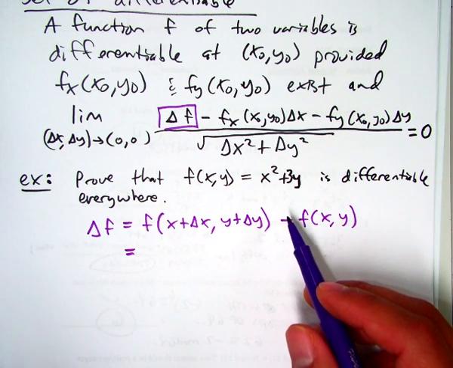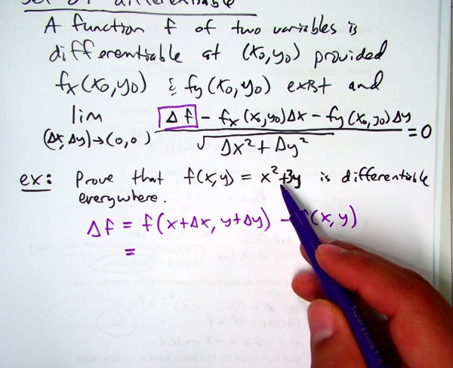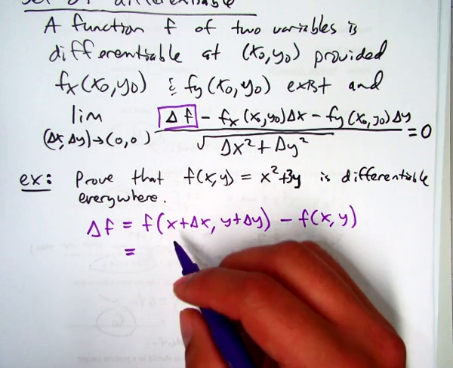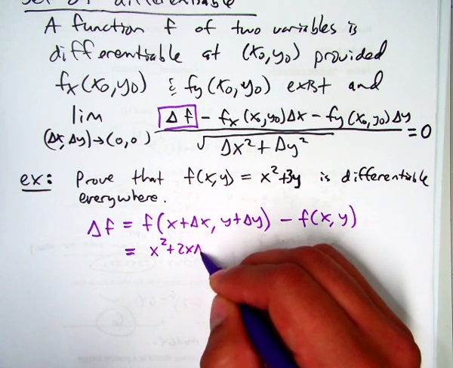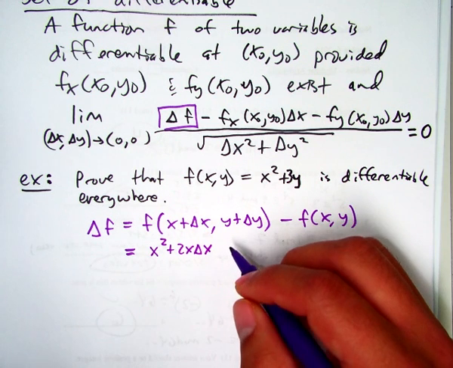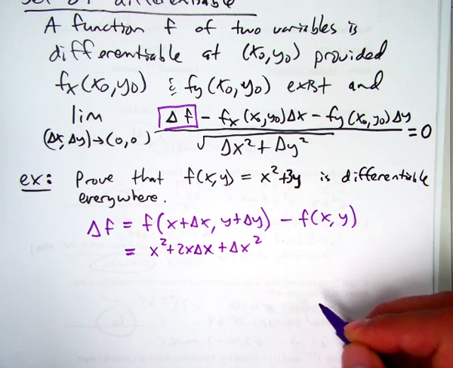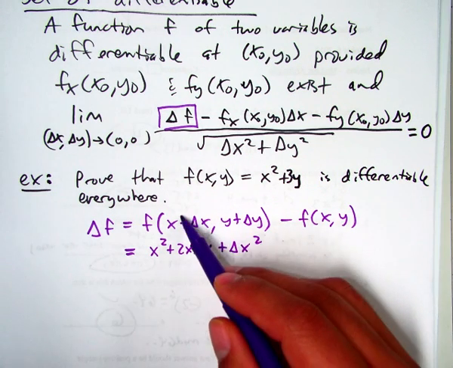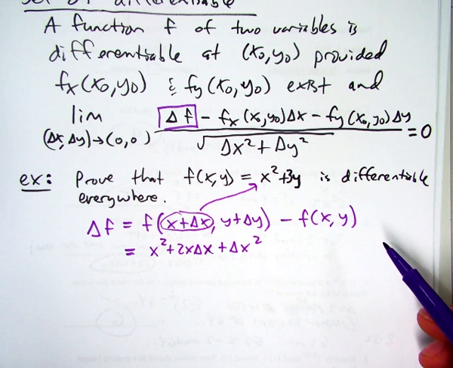So the equation is x squared plus 3y. So if I square the x term, that's going to be x squared plus 2x delta x plus delta x squared. I'm plugging in the x coordinate into f of x, y.